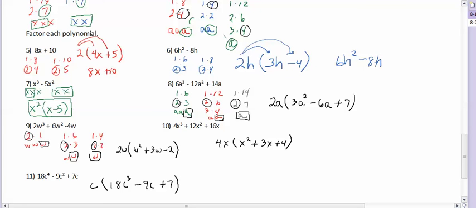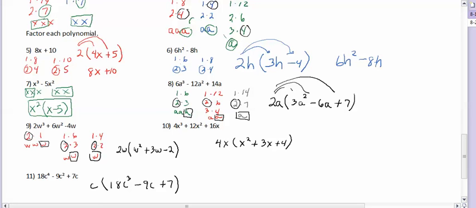Okay, for number 8, I showed you my work, and I found out that they all have a 2 in common, and they all have an a, so I pulled my 2 out, and when I multiplied this, I ended up getting the answer. So I have 2a times 3a squared minus 6a plus 7.